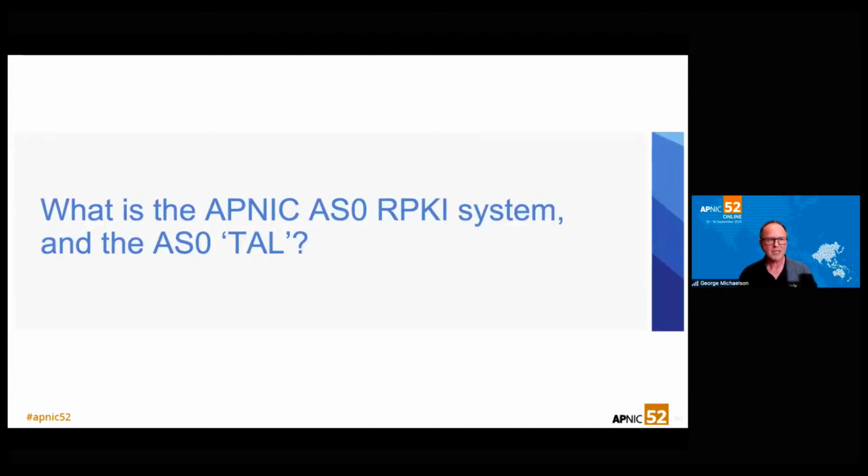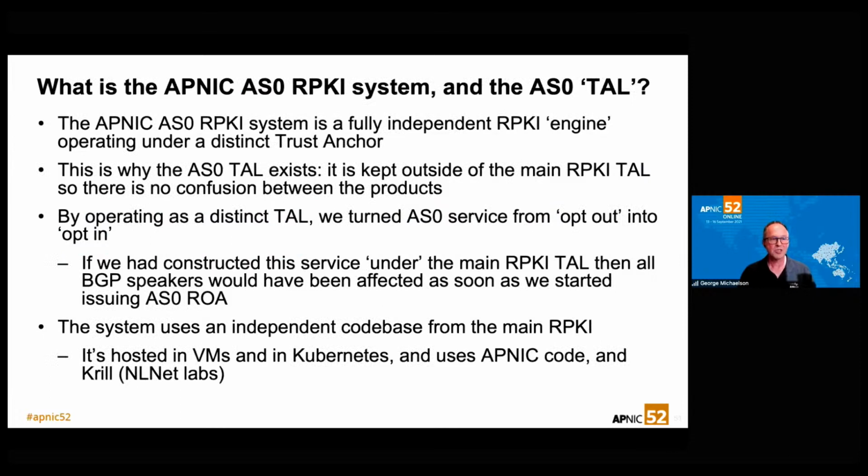Now, let's talk about AS0 operated by APNIC in RPKI. What exactly are we doing? So the first thing to note is a reminder, we're running two systems. The AS0 system is completely different to our main RPKI, and this is deliberate. It was to make sure that we isolated the system and contain its behavior and effect on BGP.